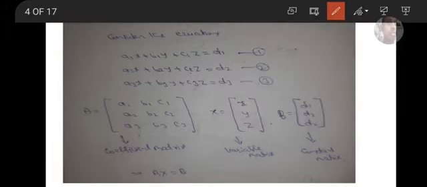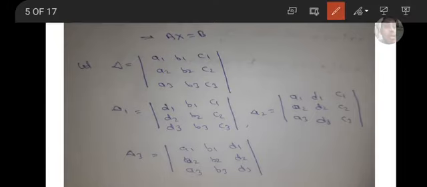Next, what we call Cramer's rule, also known as the determinants method. AX equal to B, it is there. So we have to take first delta. Delta means determinant of the coefficient matrix a1 b1 c1, a2 b2 c2, a3 b3 c3.